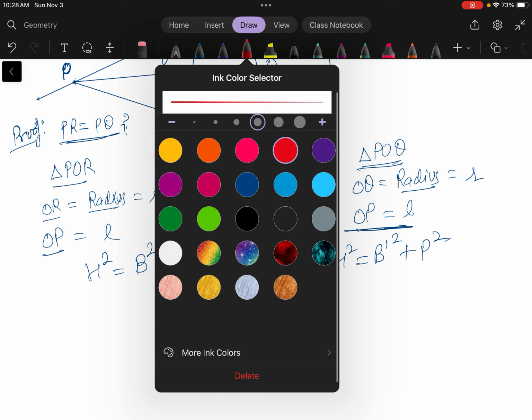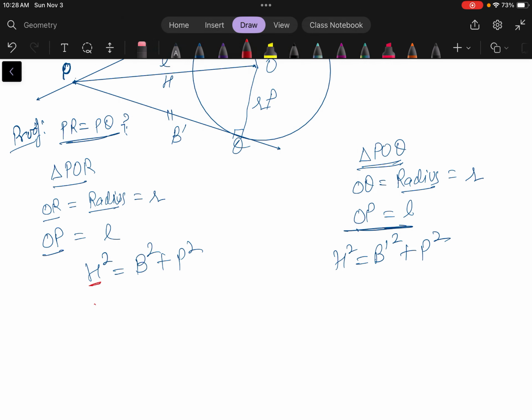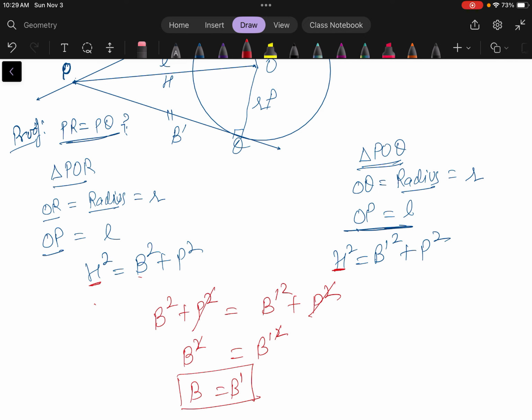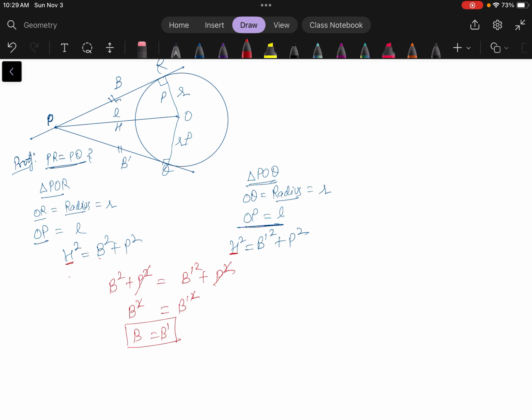So now I'm just changing it. We know that this H square is equal to H square. So we can put here B square plus P square is equal to B dash square plus P square. So we can cut P square with P square. So we will have B square is equal to B dash square. So this square with square we can cut. So now B is equal to B dash. If you see in this figure, what is B dash?